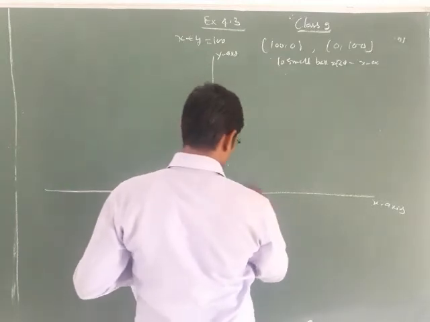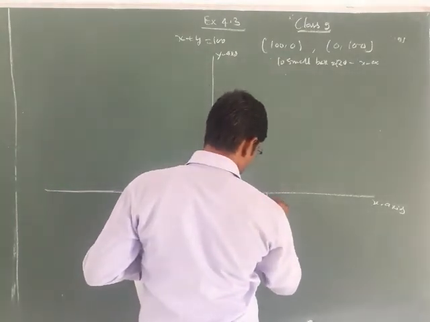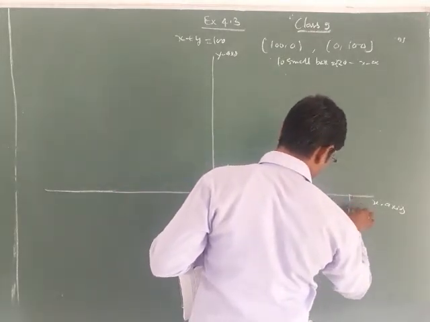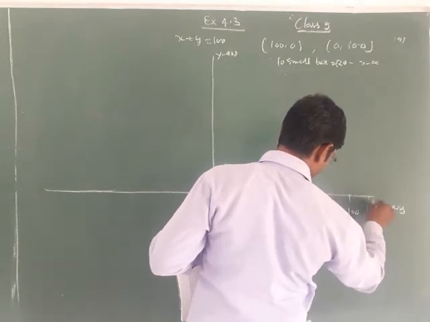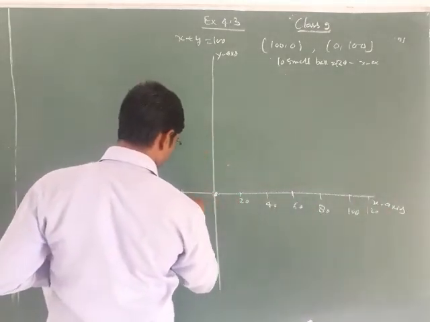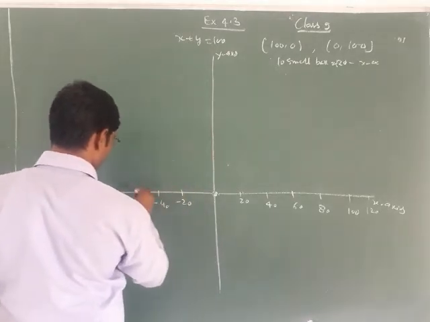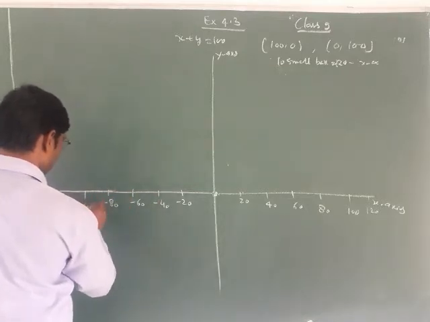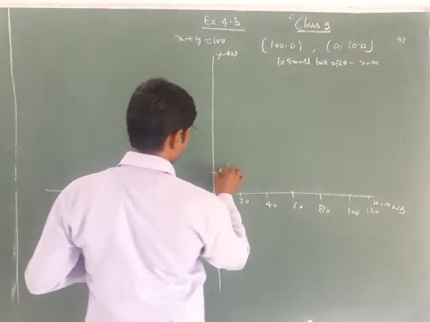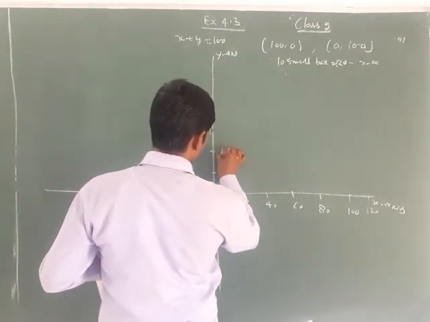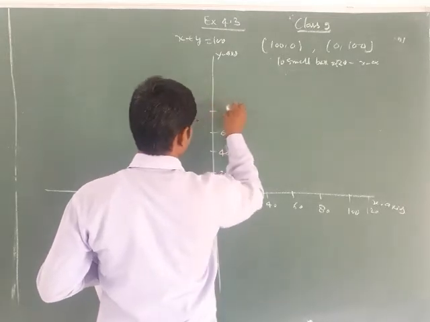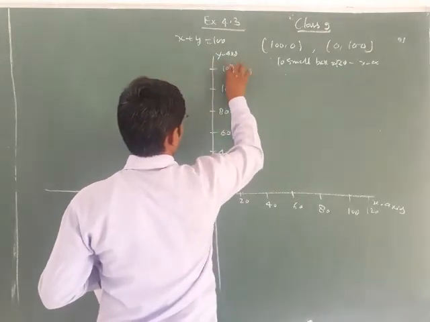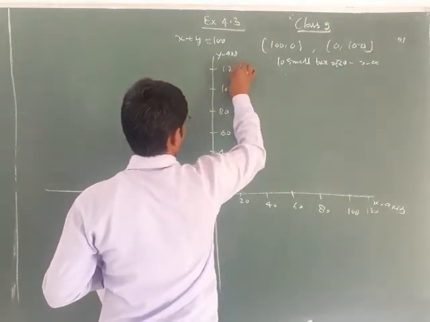Now 0 to 20, 20 to 40, 40 to 60 to 80 to 100 to 120, and in the same way 20, 40, 60, 80, 100, and also positive 20, 40, 60 and 80, 100, 120.